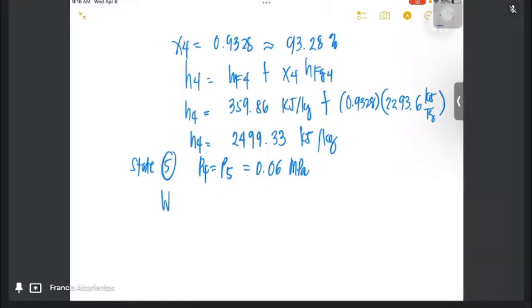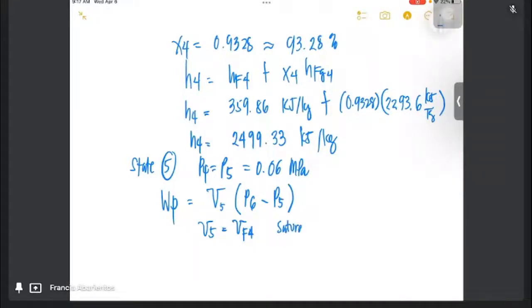Hanapin muna natin yung work ng pump in specific volume. Yung V5 natin, which is just equal to VF4. Pressure 6 minus pressure 5. Am I right? Okay, yung V5 natin, that is just equal to VF4. Kasi saturated liquid na yun.